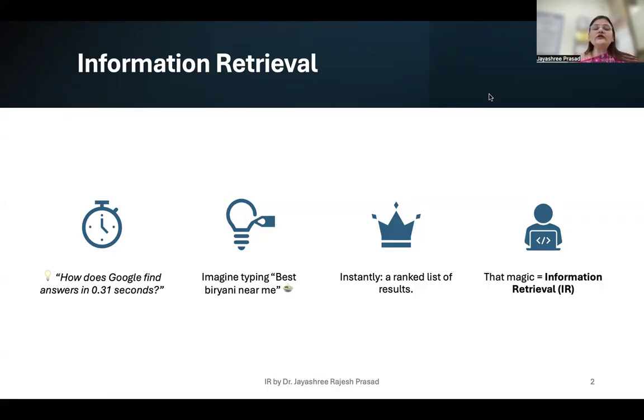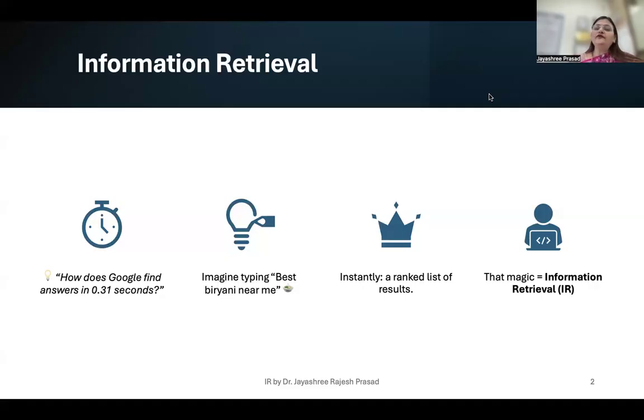So, information retrieval, or IR, is simply the science of searching and finding relevant information from a huge collection of data. As you can see on this slide, think of it as the Google of Google. How does Google find answers in just 0.31 seconds?